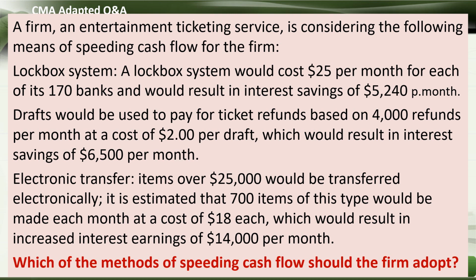And electronic transfer: items over 25,000 would be transferred electronically. It is estimated that 700 items of this type would be made each month at a cost of $18 each, which would result in increased interest earnings of $14,000 per month. So which of the methods of speeding cash flow should the firm adopt? This is the question.